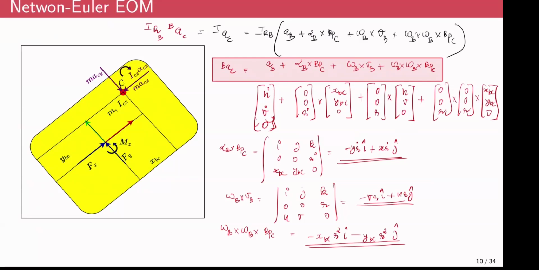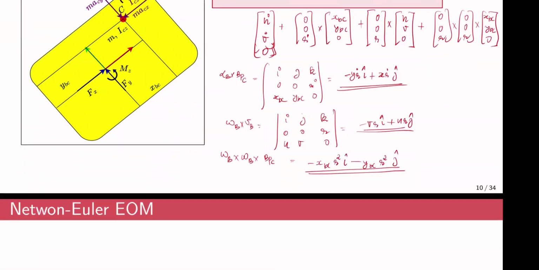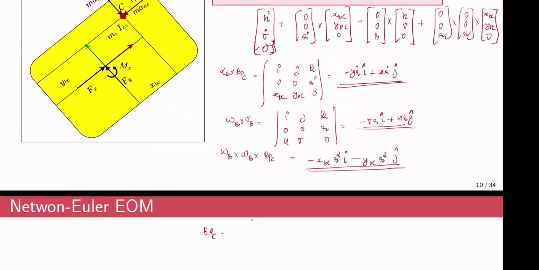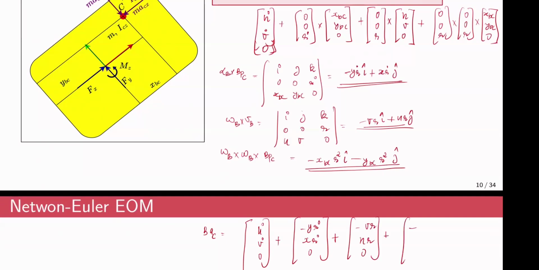Then if you substitute everything, a_C is u dot, v dot, 0 plus minus y r dot, x r dot, 0 plus minus v r, u r, 0 plus minus x_BC r square, minus y_BC r square, 0.